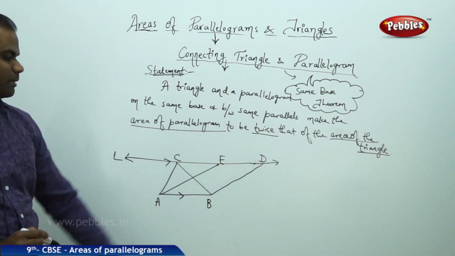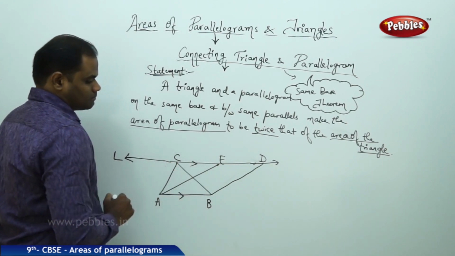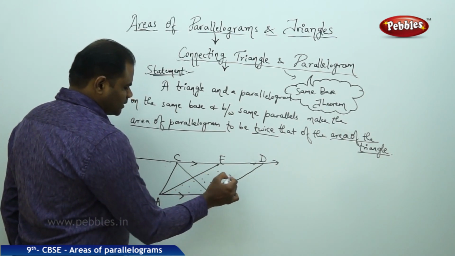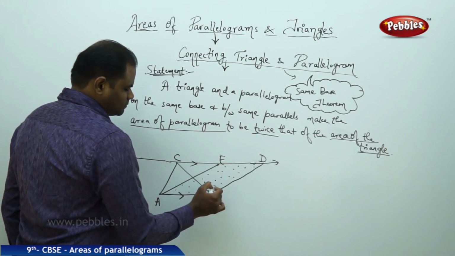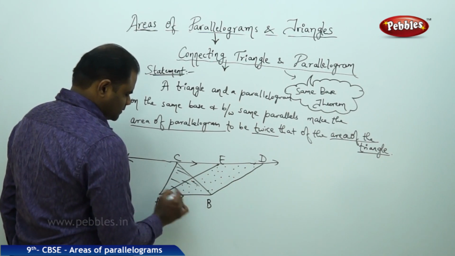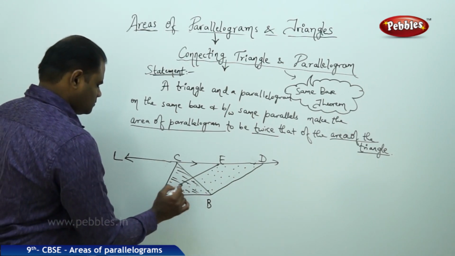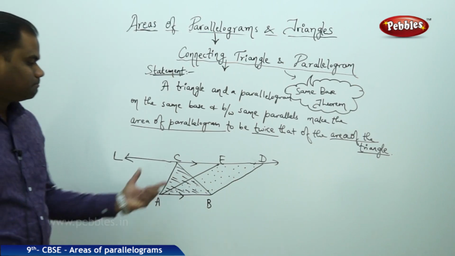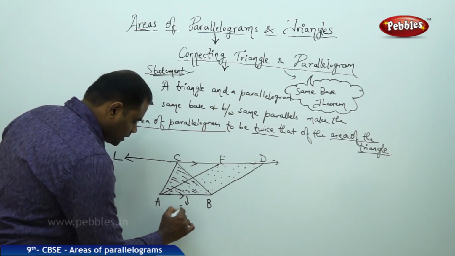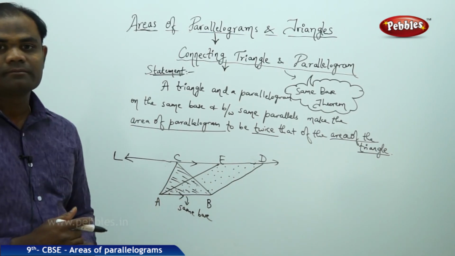So I have a triangle and a parallelogram between the same parallels and the same base. So here is the parallelogram, and here is the triangle. This is how we understand a triangle and a parallelogram on the same base AB and between the parallels L and AB.